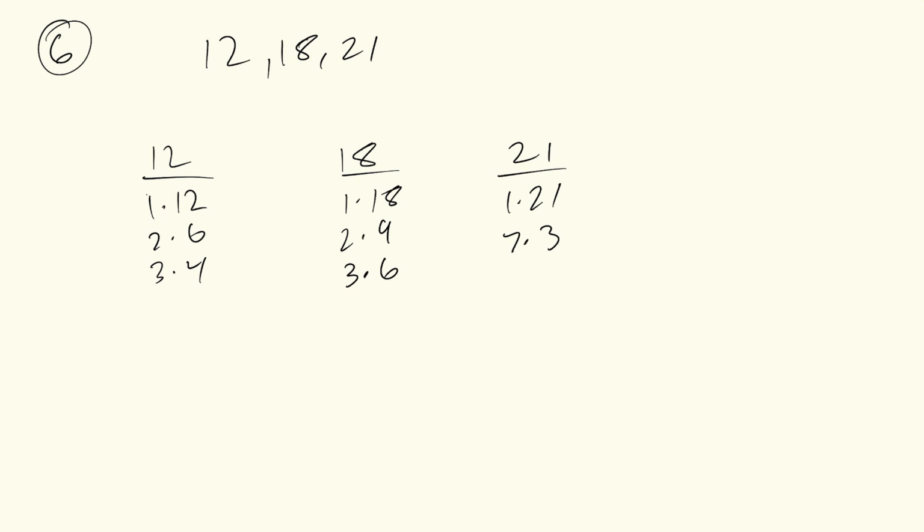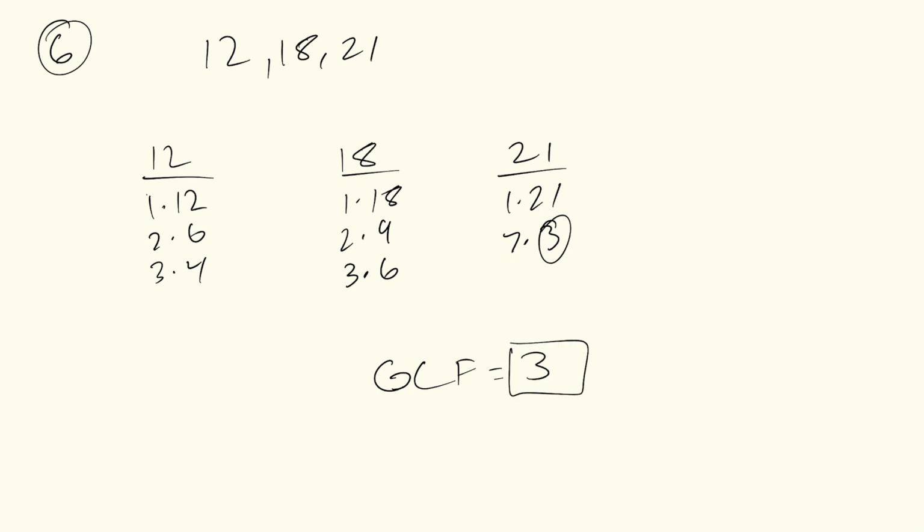It's easier just to look at the one with the smallest factors and then work backwards. So is 7 found in all three? Nope. Is 3 found in all three? Yep. And so your greatest common factor, your GCF, is equal to 3.